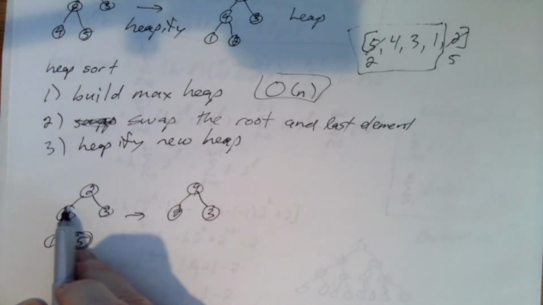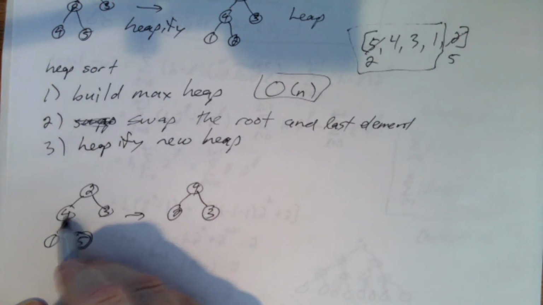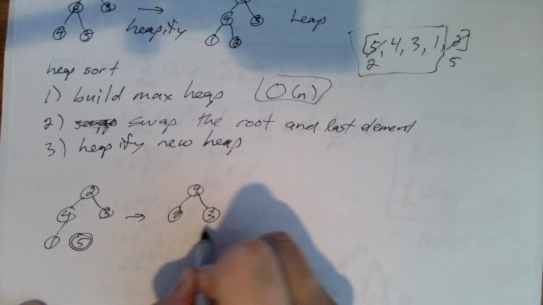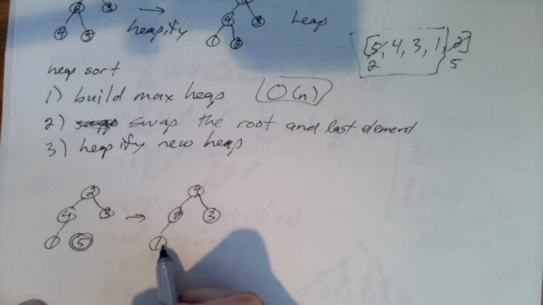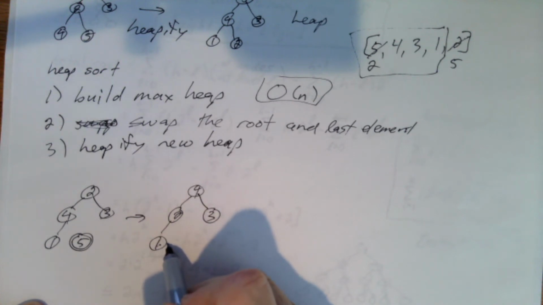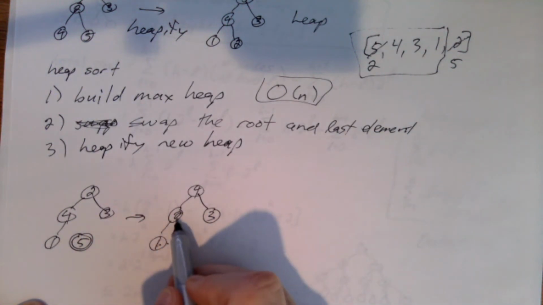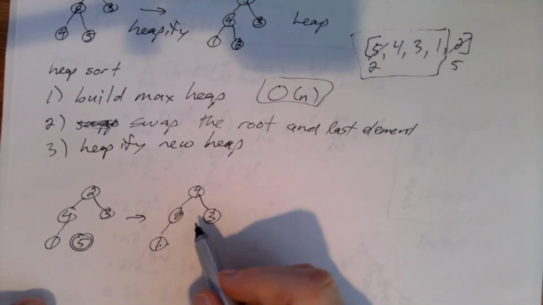We look at which of these is the largest. It happens to be 4. If the 4 had been over here and this is 3, these would be the ones that swap, but that's not the way it was. Now we have to compare 2 to 1, and had this been lower, like if this had also been 3, we would move it down again. So this actually is now a heap.